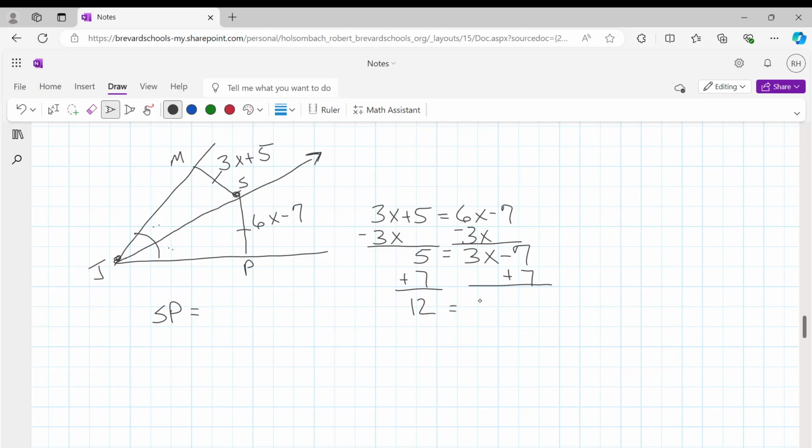And 12 is equal to 3x. Then divide both sides by 3. So 4 is equal to x. So if 4 is equal to x and we need SP, we need 6 times 4 minus 7. And 6 times 4 is 24. 24 minus 7 is 17. So our SP is equal to 17.